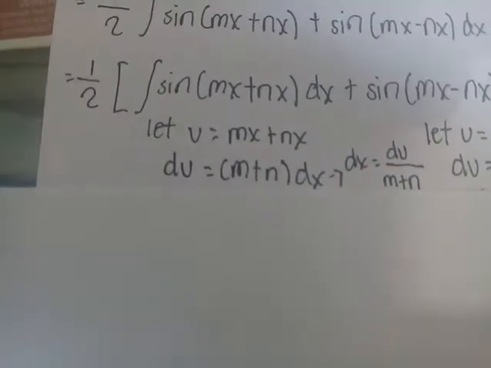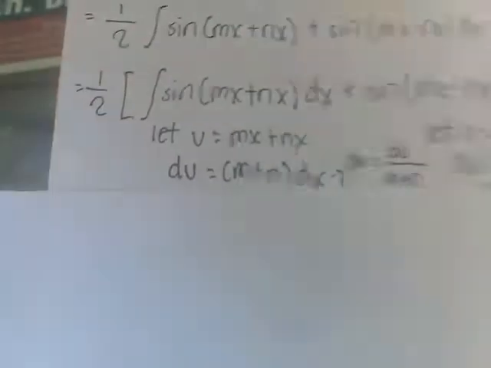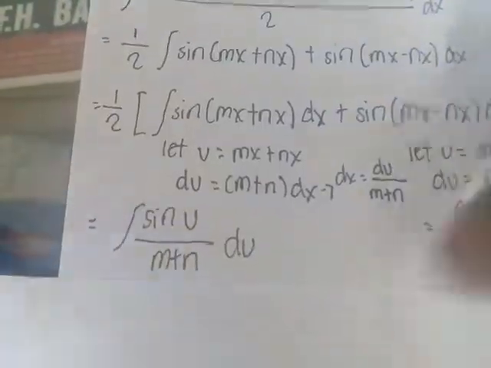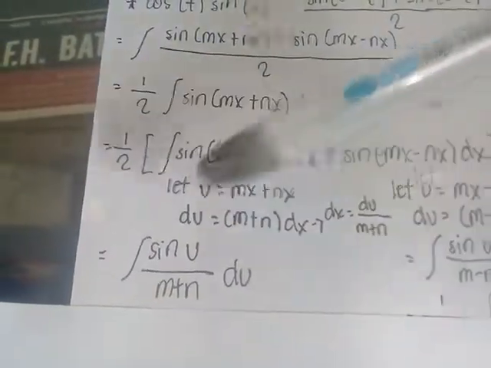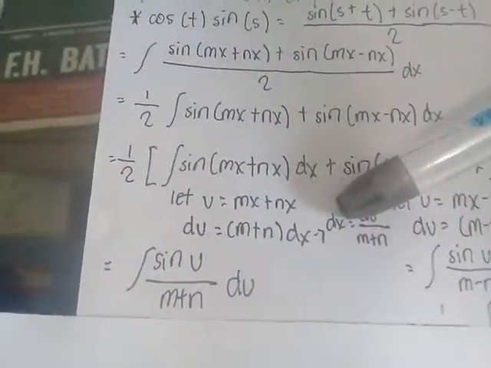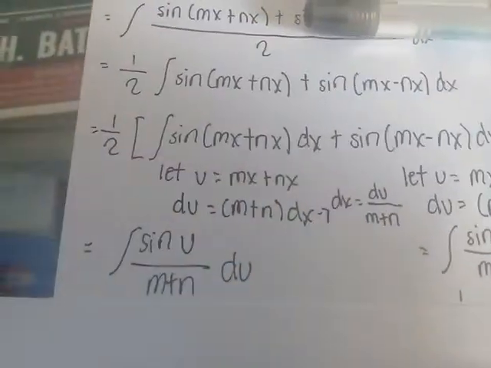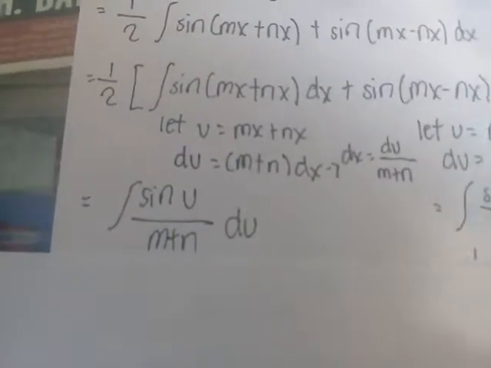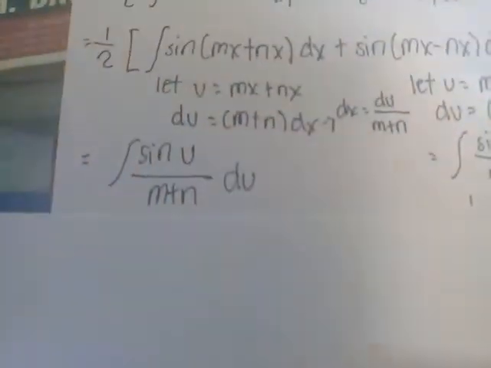So in order to get the dx, we have du over m plus n. So right here, we will simply substitute. So sine, this will be the u, over, since we have the dx, dx is equal to du over m plus n. So the m plus n, we will now place it here as the denominator.